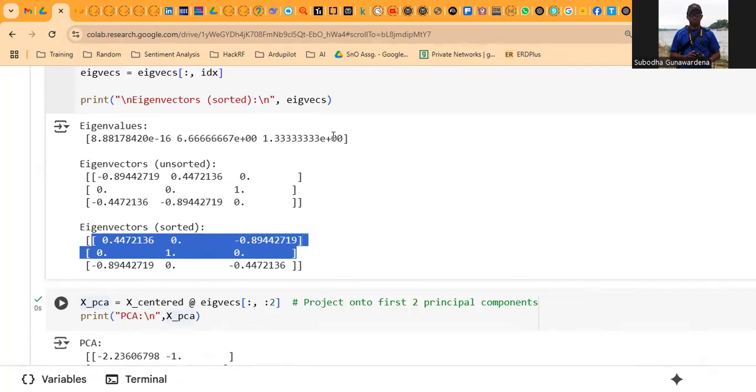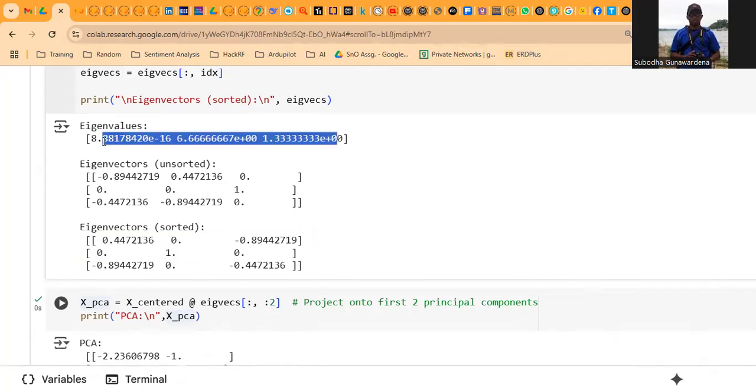So if I look at these eigenvalues, about 20% of the variance is in this eigenvector, or in the last eigenvector. About 80% of the variance is in the second eigenvector, and almost 0% of the variance is in the first vector.